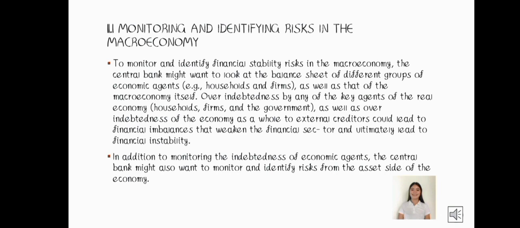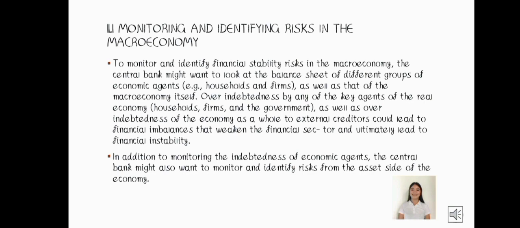I am Queenie Lasra and my topic is to discuss the monitoring and identifying risk in the macroeconomy. To monitor and identify financial stability risk in the macroeconomy, the central bank might want to look at the balance sheet of different groups of economic agents, households and firms, as well as the macroeconomy itself.